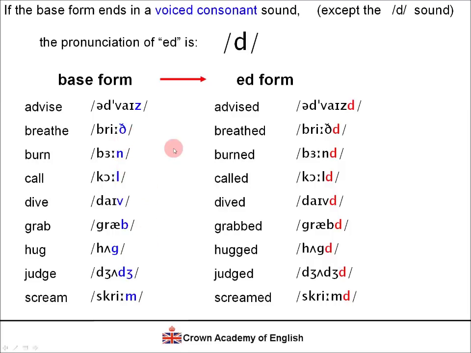And notice what is very important is it is the sound from the base form that is important. It is not the letter. Sometimes the letter and the sound are the same, but not always. For example, here, the last letter is a letter E, but the last sound is Z. Okay?